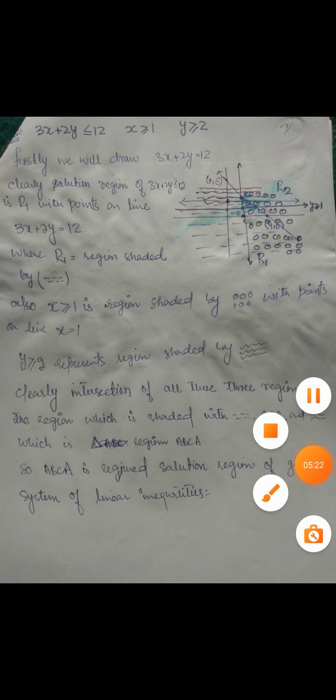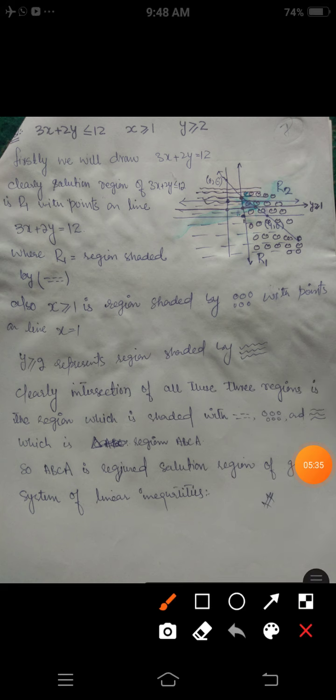Here x greater or equal to 1 is a linear inequation in one variable, but if we consider it as part of this system of three inequations, then it is also a linear inequation in two variables, because we may write it as x plus 0y greater or equal to 1. So we will draw the graph of each linear inequation.